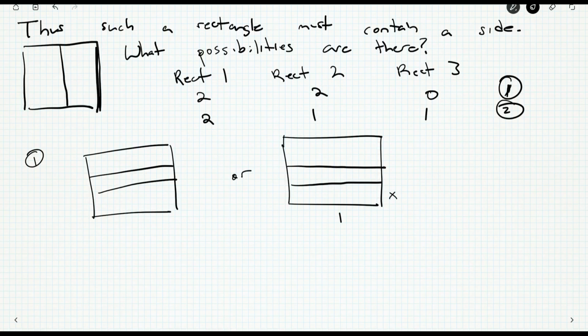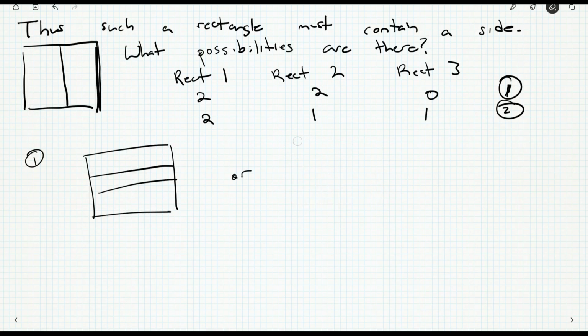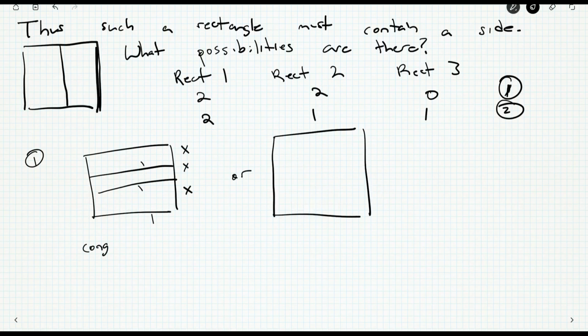And then we can have this guy have this. My picture is not doing this justice. So we have 1x, 1x, 1x, but we've got congruency here. Okay, all of them are congruent.